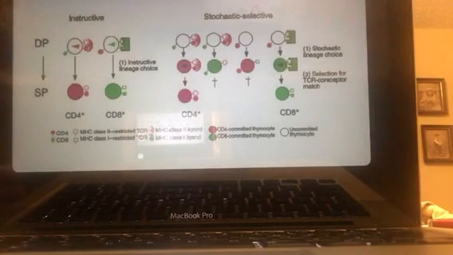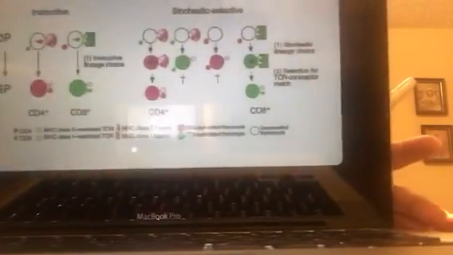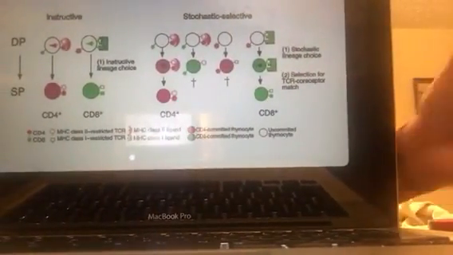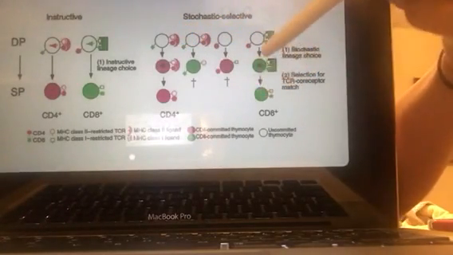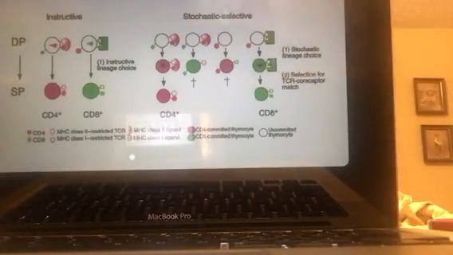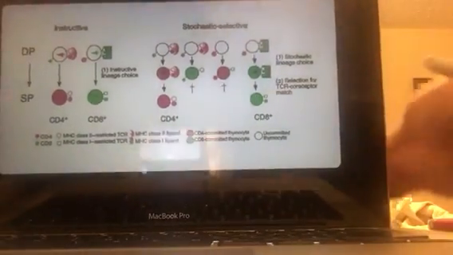Like I said, it doesn't necessarily generate distinct signals, but it is a little more complicated. It can produce the same signals, but in most situations it does not. The difference is it has to have that correct coreceptor, and that correct coreceptor will generate a TCR signal strong enough to survive to mature.